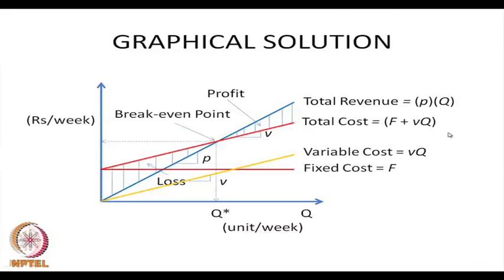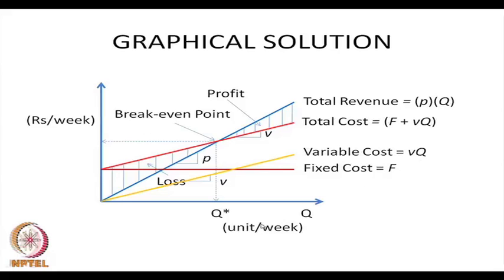Now, whatever we had shown in the analytic form can be shown very nicely in the graphical form. Let us see the graphical form. Here in the x axis we have Q, the amount of production or quantity produced, and this side is rupees per week.